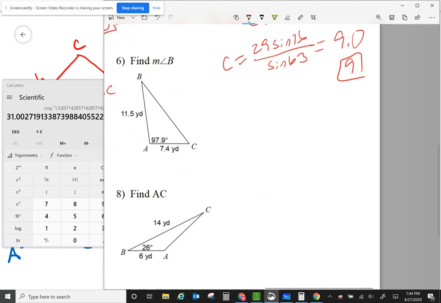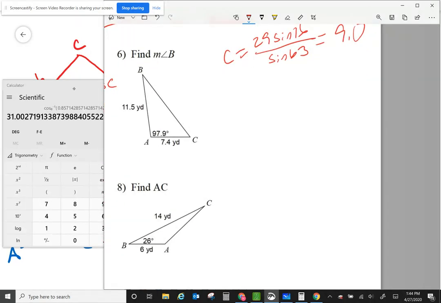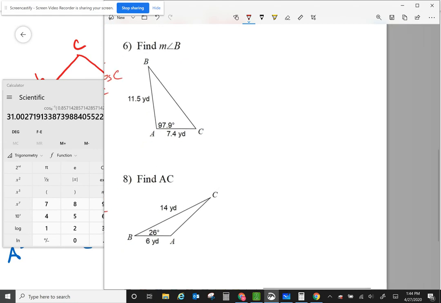Let's take a look at question number 6. I have angle A. I'm solving for angle B. I don't know what angle B is.